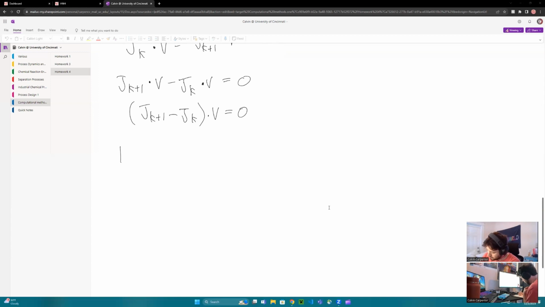So f of k plus 1 is equal to J of k plus 1 minus J of k. And then remember, we substituted D in for delta x. So we're left with these two equations.